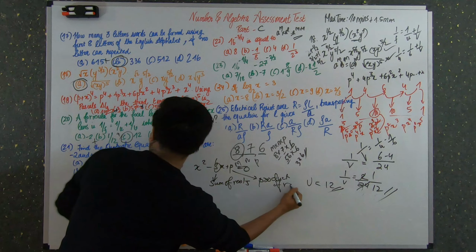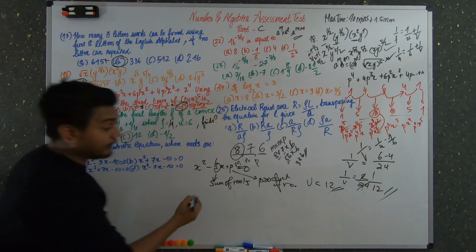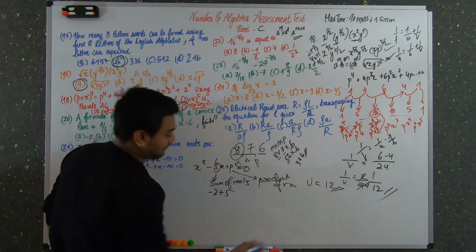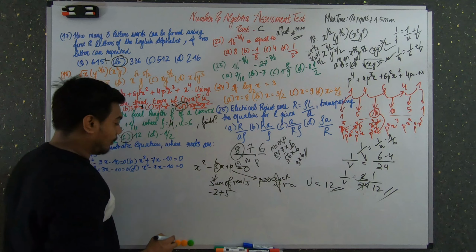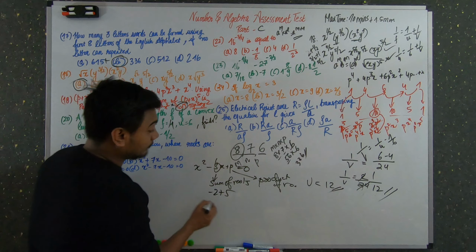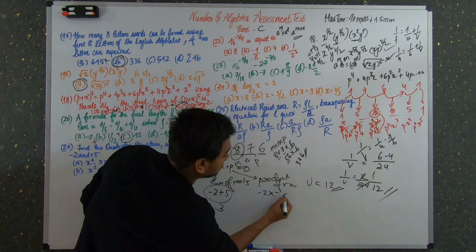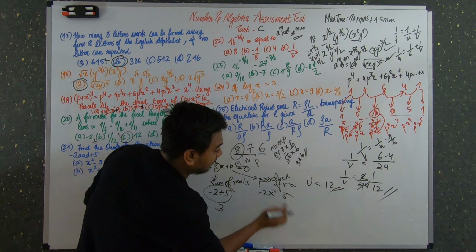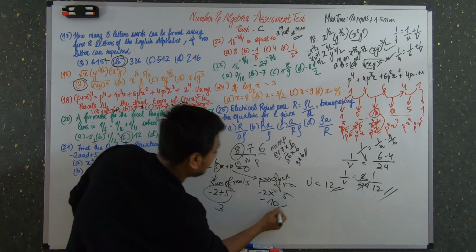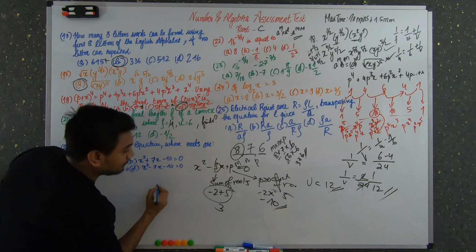So what are the roots given here? -2 and 5. So the sum is -2 plus 5, which is 3. And -2 into 5 is -10.